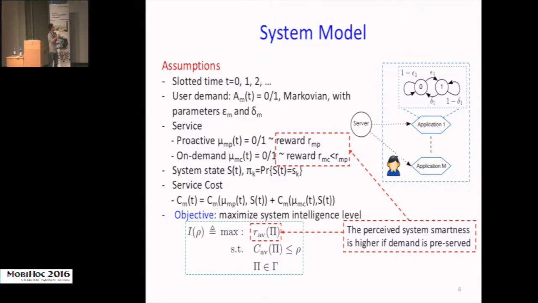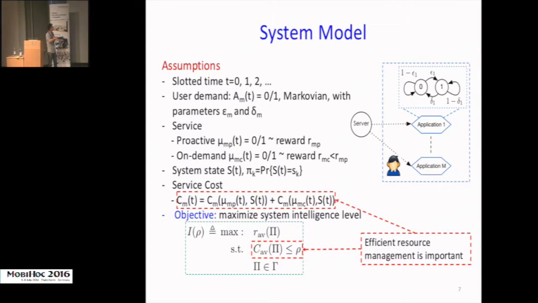Now, as I explained, this RMP greater than RMC is to capture the fact that if the system can preserve my demand, I would think that it's smarter, and I feel happier. And this cost, we believe that it's important because a system can do some dumb things, such as pre-compute all possible values you might need.